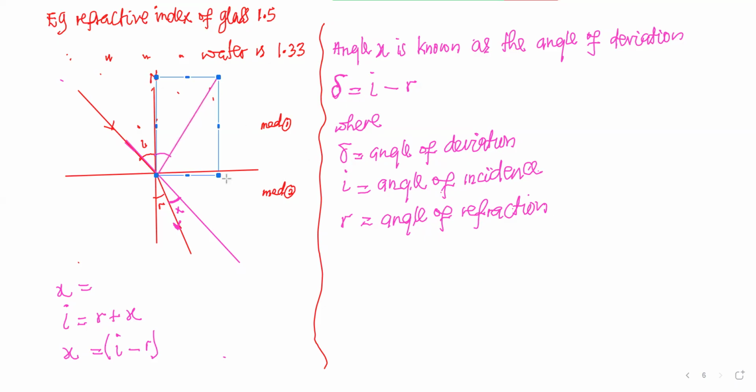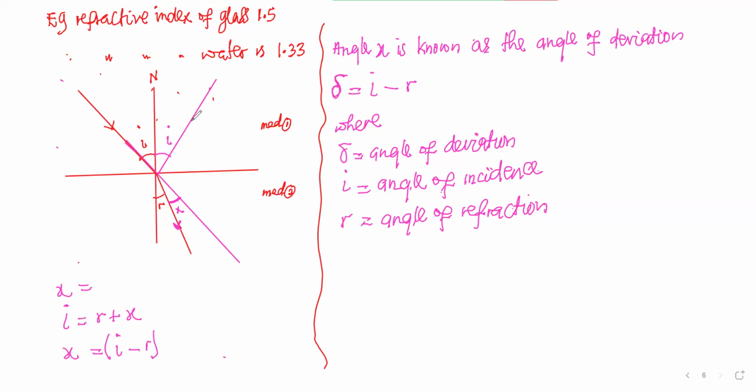So the new line I'm drawing will be the angle of reflection. So can I also say that one will be R? That will be I. That's what they just answered. Angle of incidence equals angle of reflection.